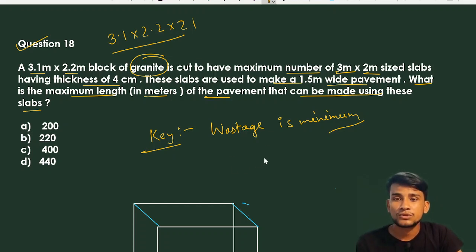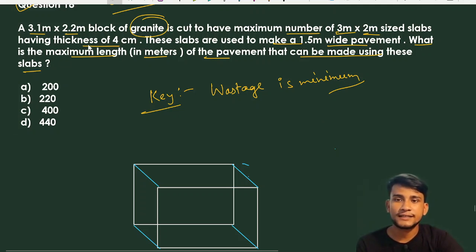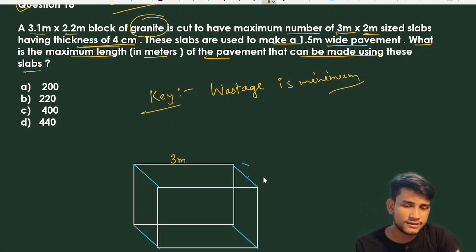Okay, so see, we have to cut the granite to get slabs of size 3 meters by 2 meters, suppose, and each thickness is 4 centimeter. Okay, so suppose we cut this granite, this is 3 meter and this is suppose 2 meter.